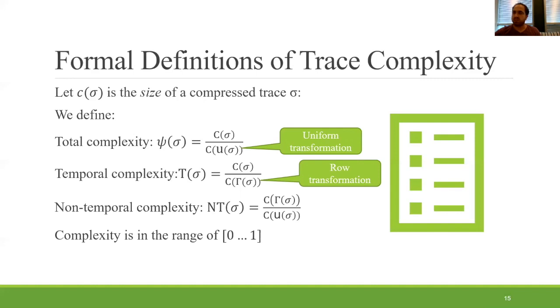Again, since the sizes of these randomized traces are only increasing, the complexity is found in the range of 0 to 1, and it is normalized to this range essentially.